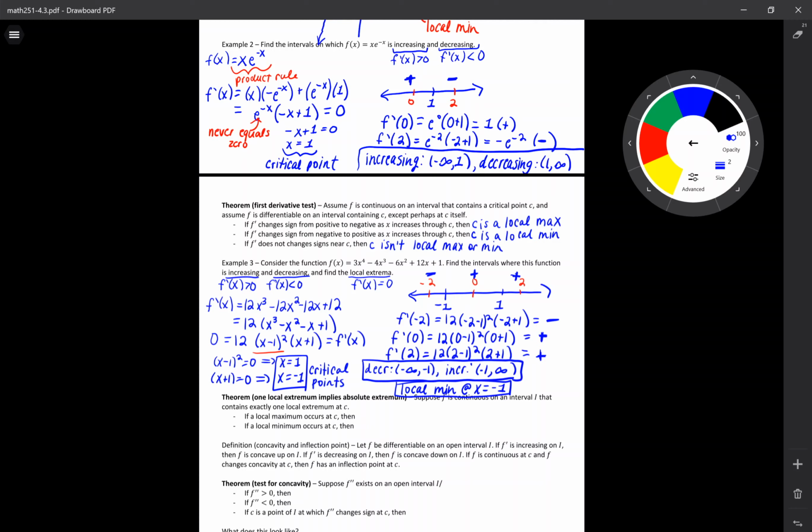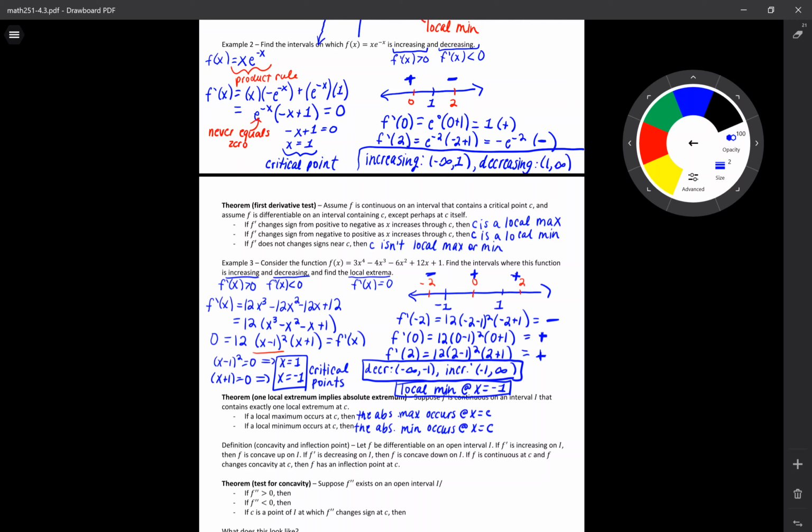So suppose f is continuous on an interval I that contains exactly one local extremum, max or min, at C. So if a local maximum occurs at C, then this means that the absolute max occurs at x equals C. And if a local minimum occurs at C, then the absolute minimum occurs at C. So basically, if I just have one local extremum, that means that it is the absolute extremum.